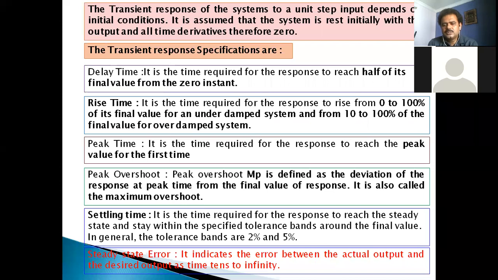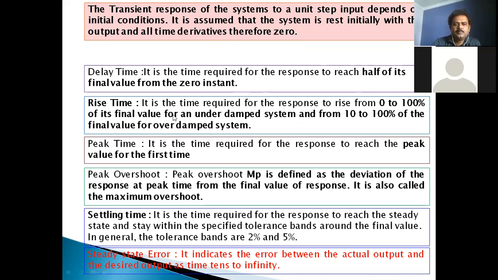So we expect 100%, but it reaches 98%, which means 2% error. This is the error between the actual output and the desired output as time tends to infinity. Whatever value remains is called the steady state error.